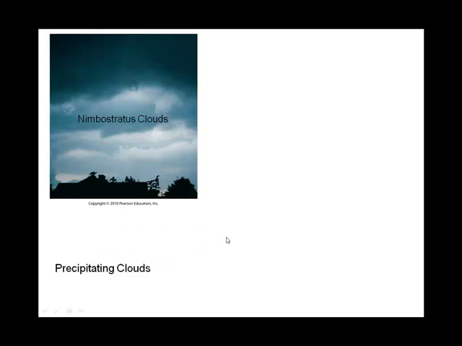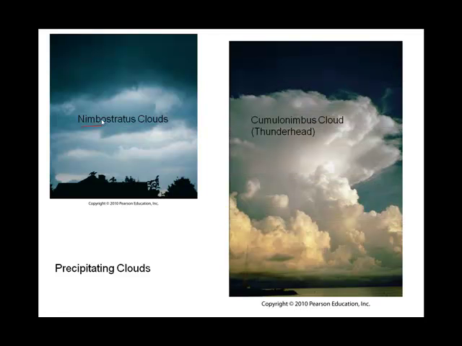The two types of precipitating clouds must have the word nimb in them. Nimbostratus, a low-level, chilled sort of precipitation event that lasts for a long time. And then cumulonimbus clouds also bring precipitation, and they are short precipitation events and more intense.